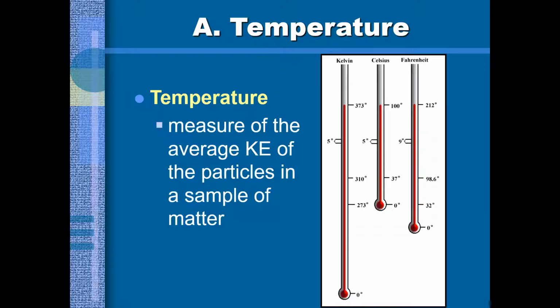This picture's slightly wrong. Water freezes at 32 degrees Fahrenheit. In Celsius, it would be 0 degrees Celsius. Again, if you wanted to convert Celsius into Kelvin, you just add 273. So 0 plus 273 is 273 Kelvin.